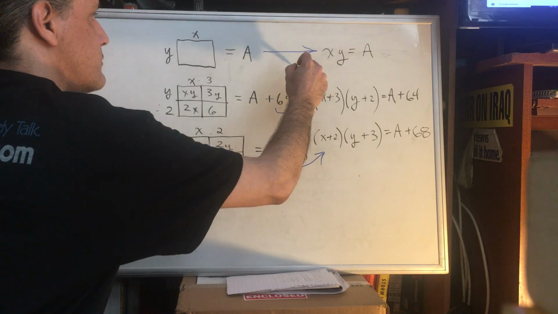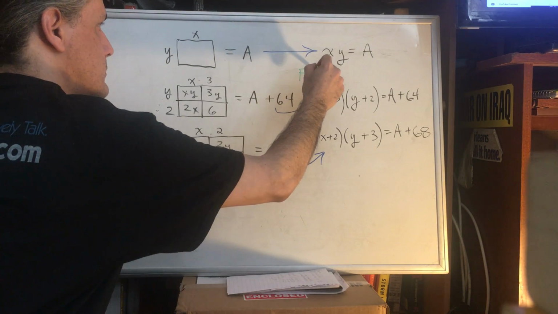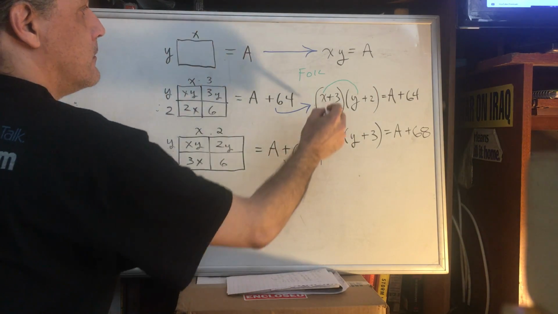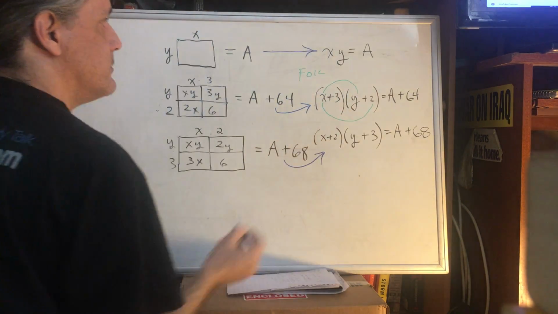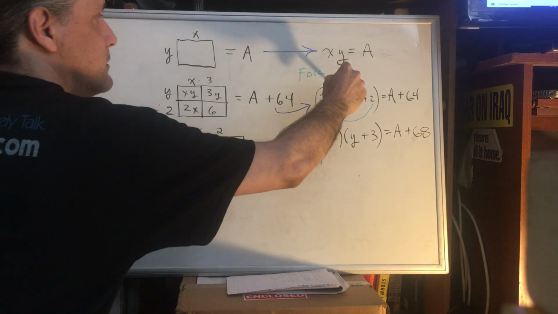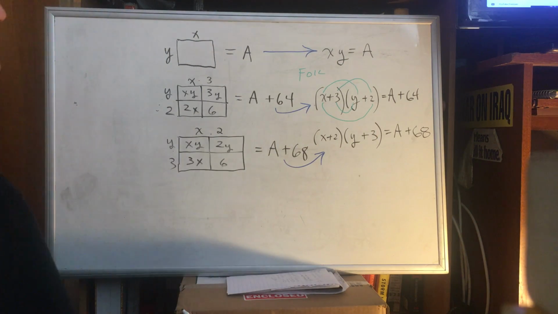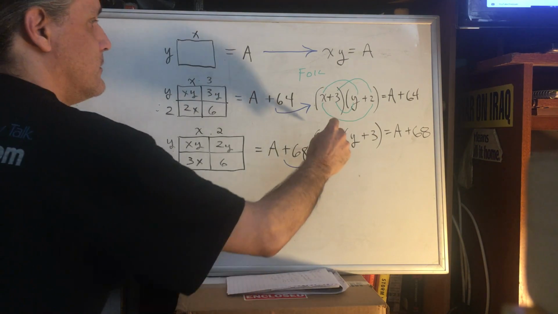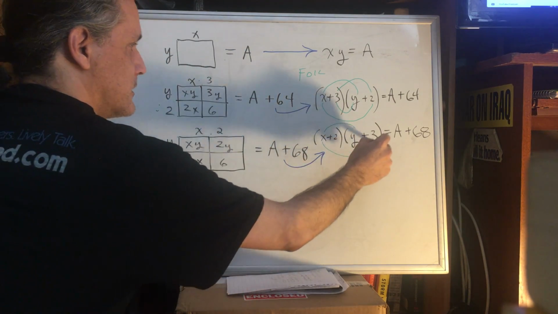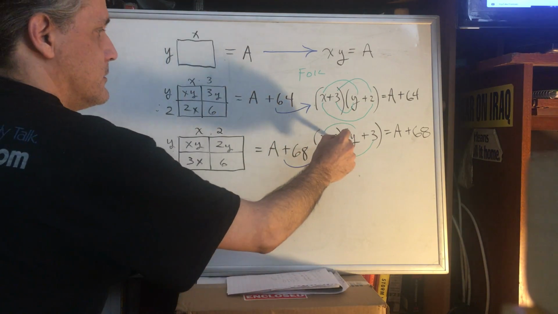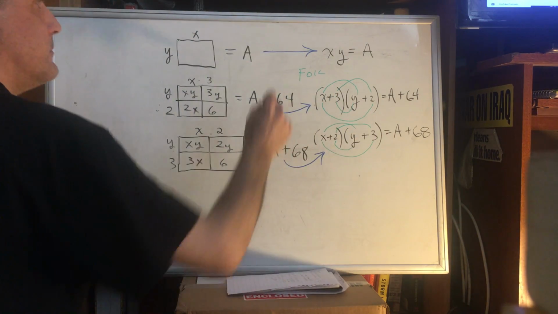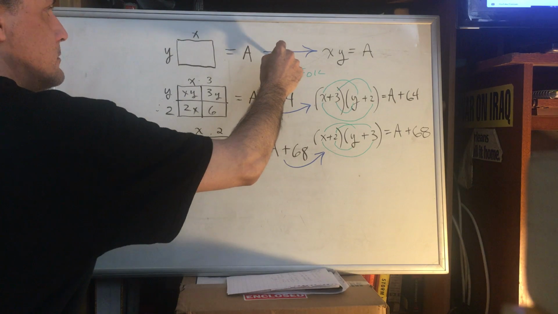Sometimes people call this FOIL. The first, x times y, the outer, x times 2, the inner, 3 times y, and the last, 3 times 2. The first, x times y, the outer, x times 3, the inner, 2 times y, and the last, 2 times 3.